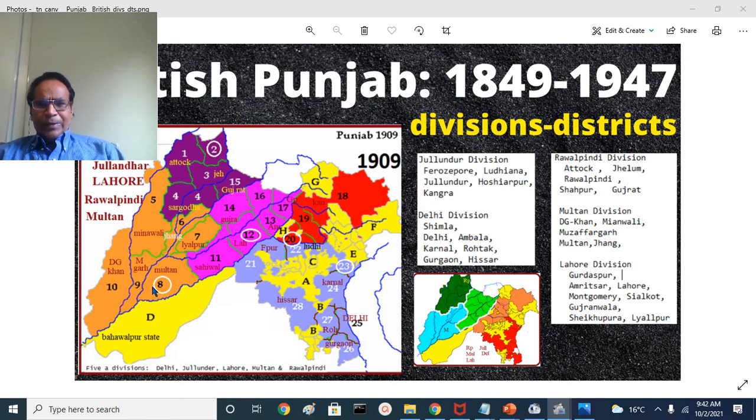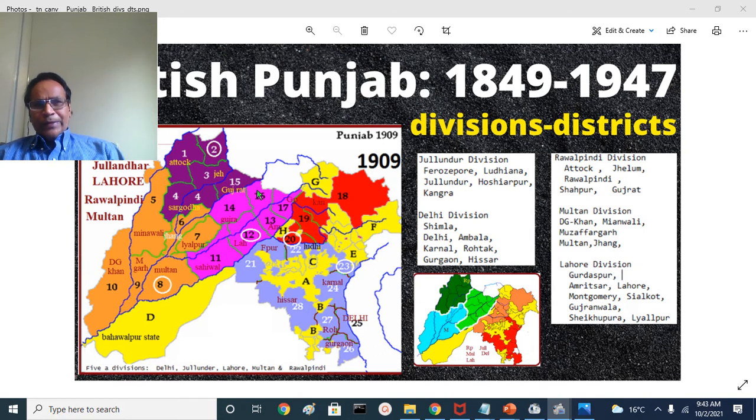Then Sahiwal district, also called Montgomery district, that is Okara and Sahiwal and Vehari and all those regions. And Multan district, Multan, Khanewal and those regions. The Sahiwal regions, and Lyallpur district, that is Faisalabad district. And here there is Sheikhupura district across from Lahore. And we have Gujranwala district, the home district of Maharaja Ranjit Singh, and Sialkot district, where the prominent Muslim leader and separatist Allama Iqbal's family settled, who were originally Kashmiris, converted and settled here.